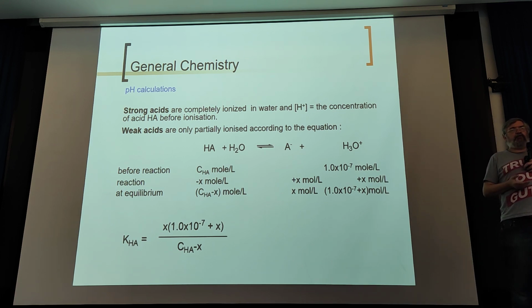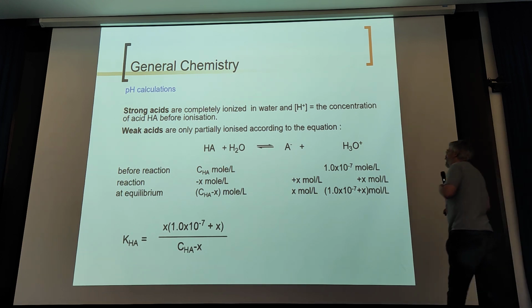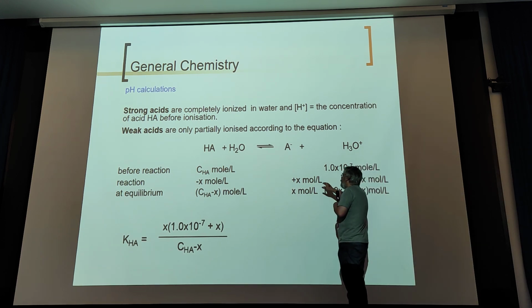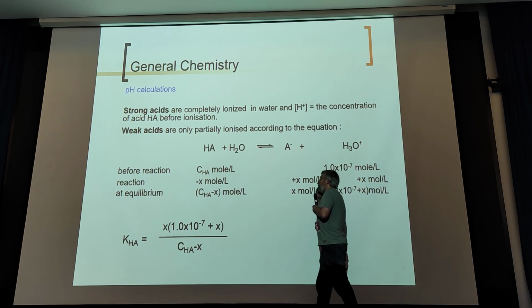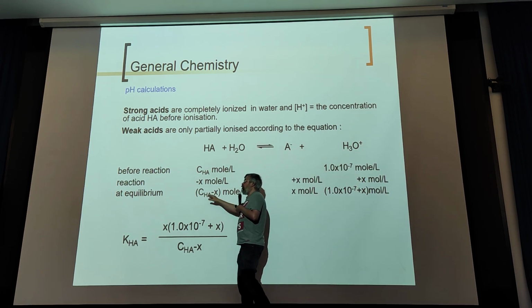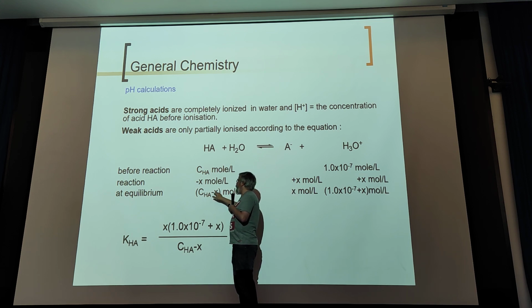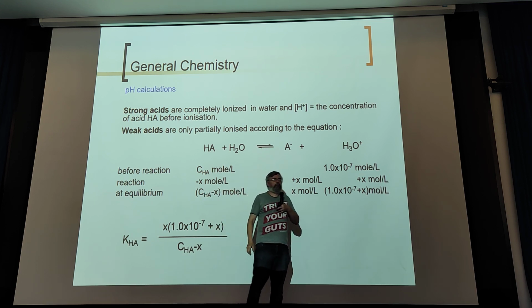Again, because we would like to do simplification, we put this as X. So X is disappearing, and X is forming, and also X H3O+ is forming. That means our original concentration now is no longer CHA, but CHA minus X.